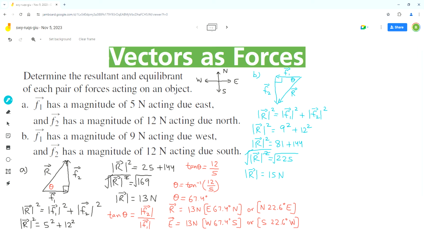Now we can find the direction. So we have to find angle theta, and we can use the tan ratio because this is a right angle triangle. The formula for tan is opposite over adjacent, and the opposite side represents the magnitude of F2.